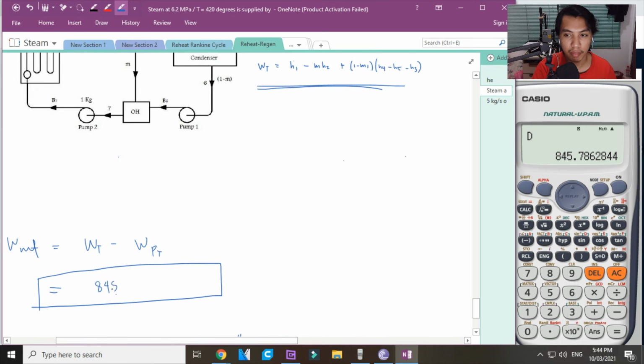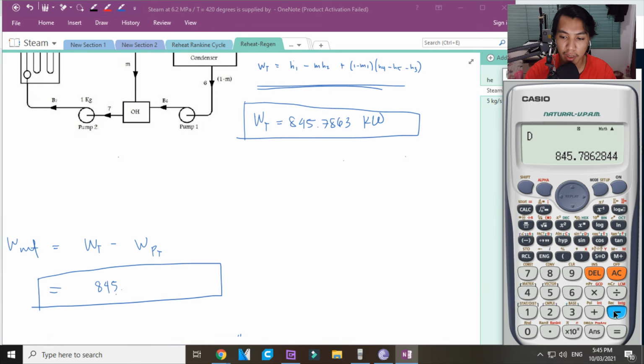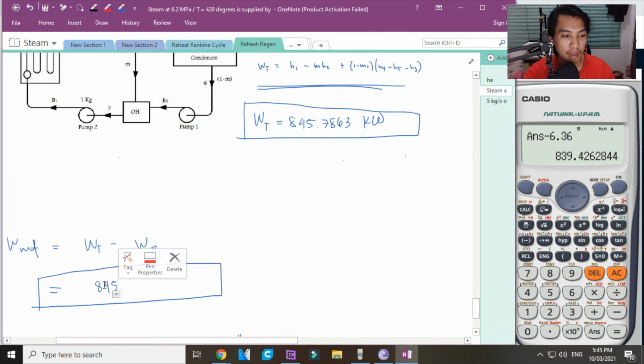845. Hindi, minus to. Yung work ng turbine, the work of the turbine is 845.7863 kilowatts. Now, for the work net, minus ko na lang to ng 6.36. 839.4263 kilowatts. Talagang matagal siya.